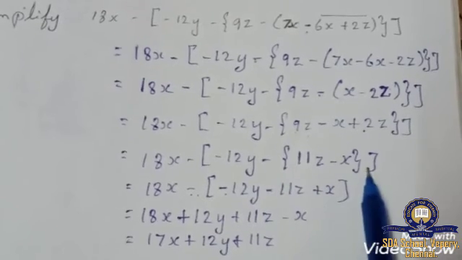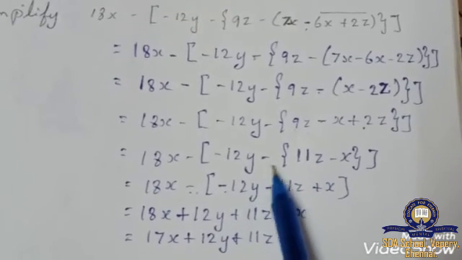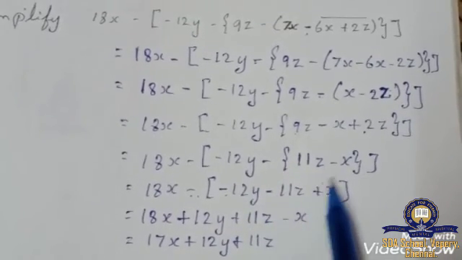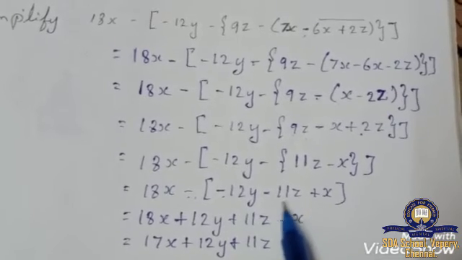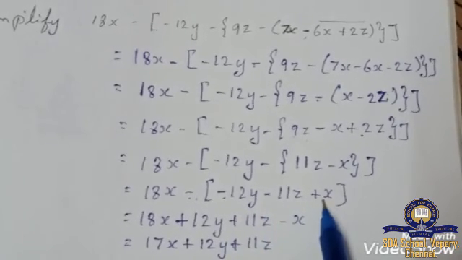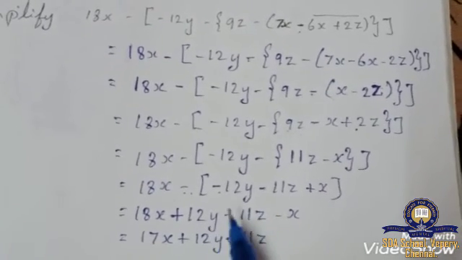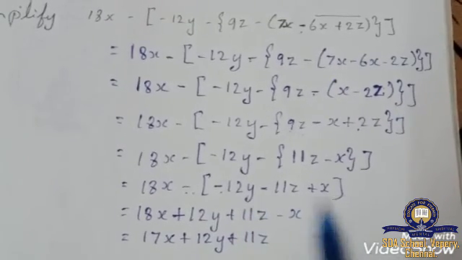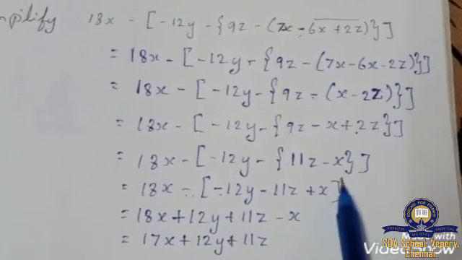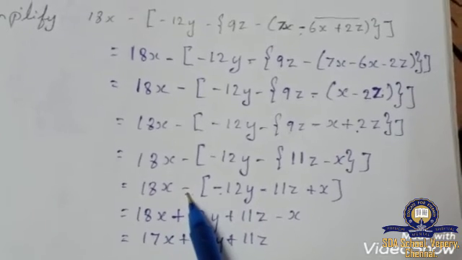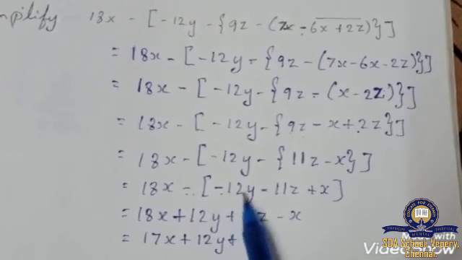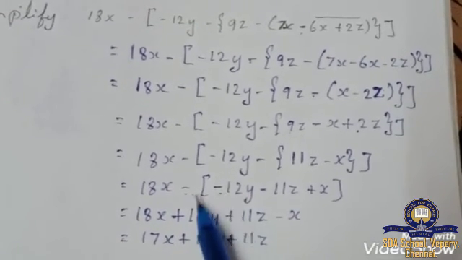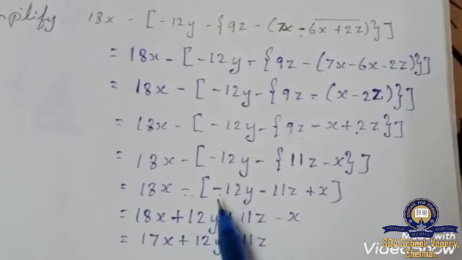Now we're going to remove this bracket. So here also we have a minus sign. So the value will change and we get minus 11z plus x. Okay. So here no variables are common. So leave it, and now we're going to remove this bracket. So here also we have a minus sign. So when we move into the bracket, the sign will change.